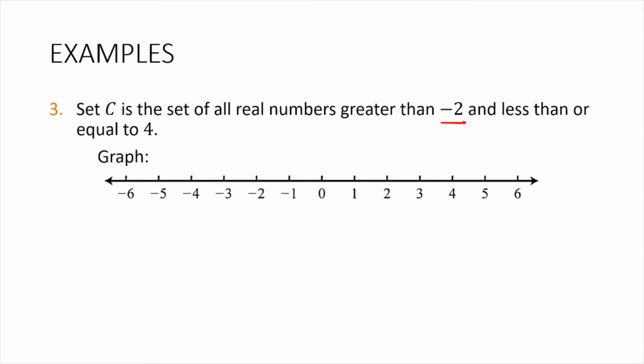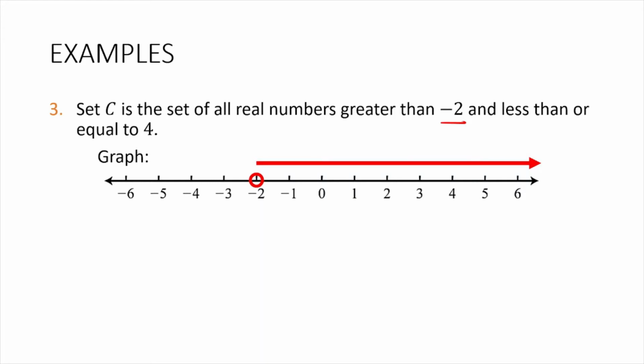So we start at negative 2. It says here greater than negative 2, so there's no equal to negative 2. Therefore, we exclude negative 2, right? And then greater than negative 2, so we go from negative 2 to the right.